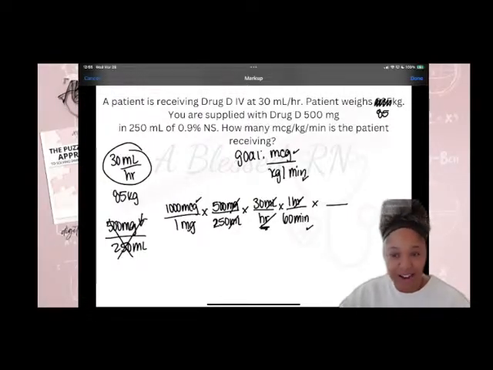Right, Lala. I see you. Where am I going to put the kilograms if the goal is telling me to put it in a certain place? Is it going to be on the top or is it going to be on the bottom? Where did the goal tell you to put the kilograms?